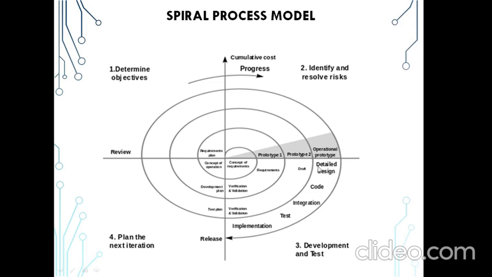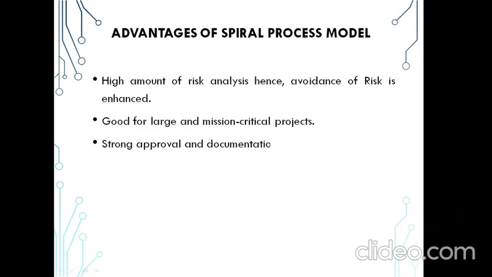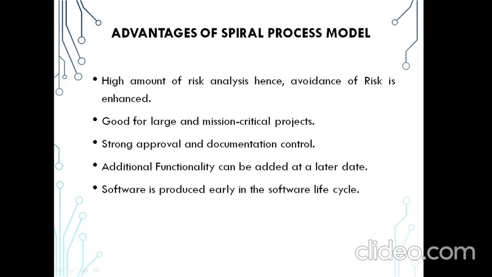So we identify and resolve the risk in the operational prototype, and then we start the detailed design in the third quadrant, development and test. So detailed design takes place for the final prototype, then code is written, integration is done, testing is applied, and the system is implemented and released for the user. So this is how the spiral model works.